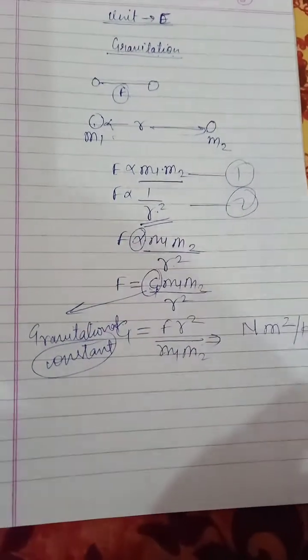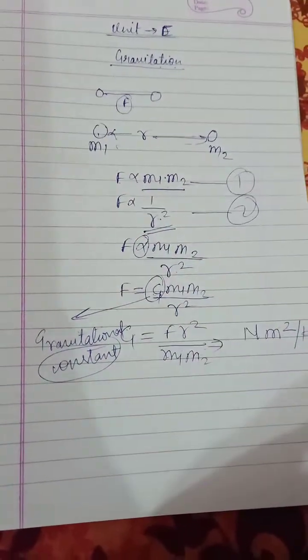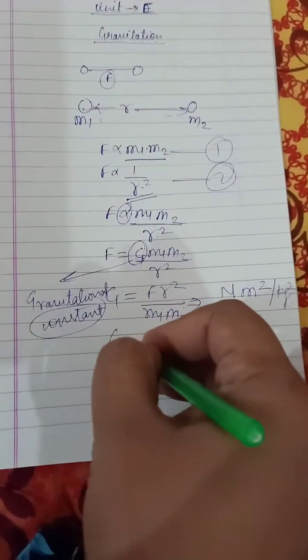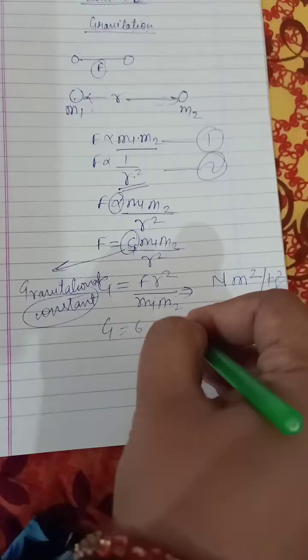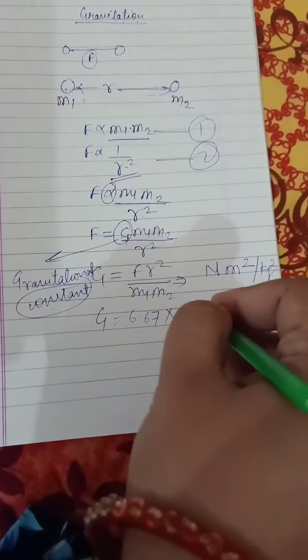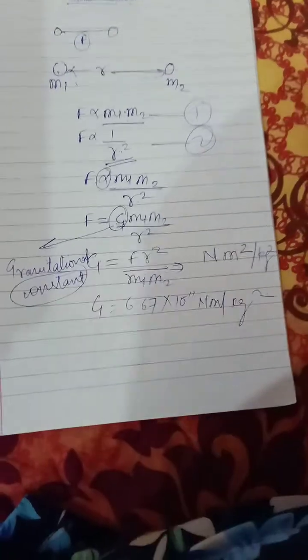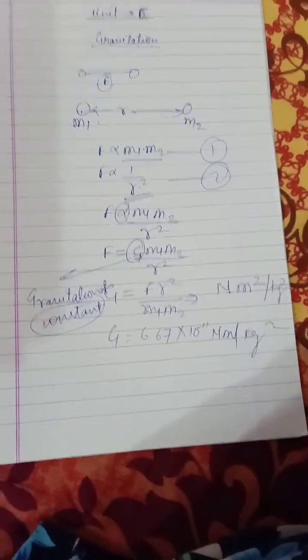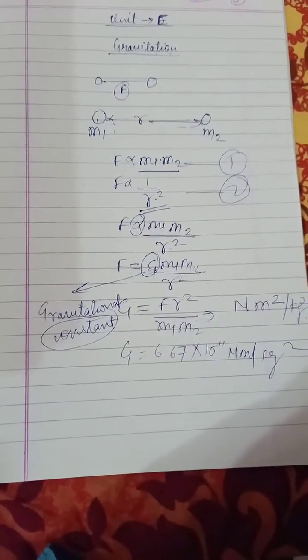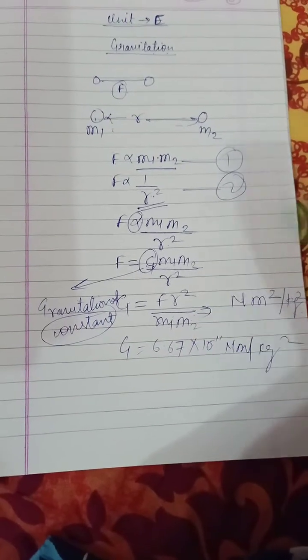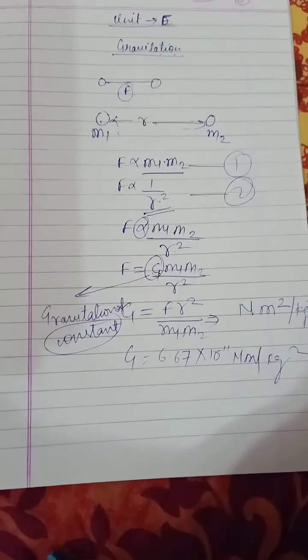This is the unit of the gravitational constant. And the value of capital G is 6.67 into 10 raised to power minus 11 Newton meter square per kilogram square. This value of G always remains the same all over the universe.